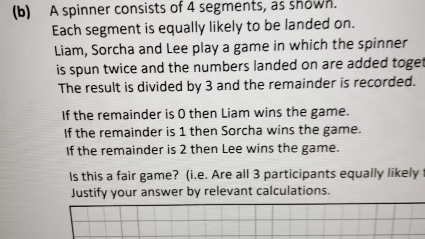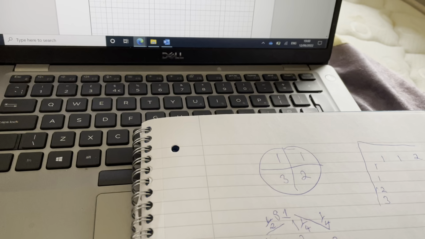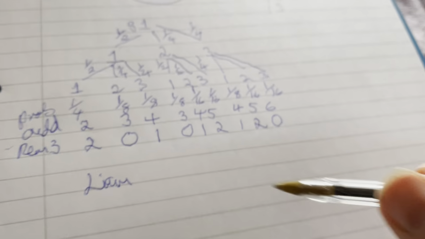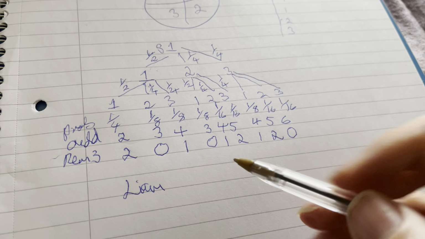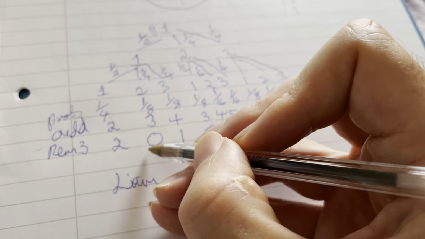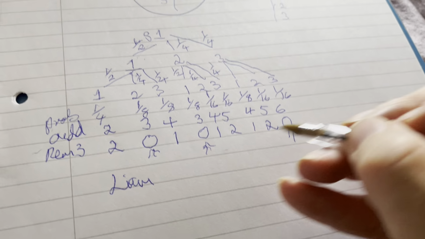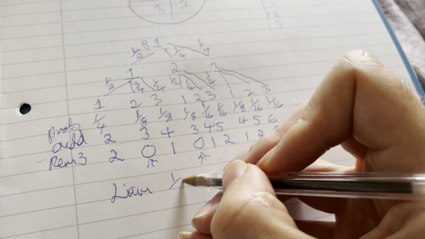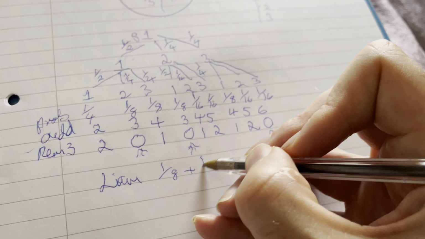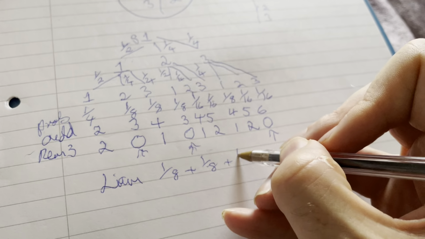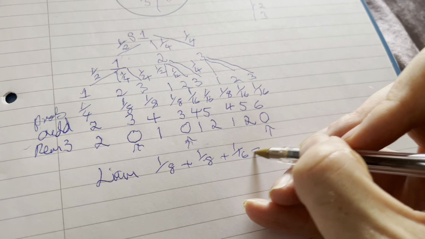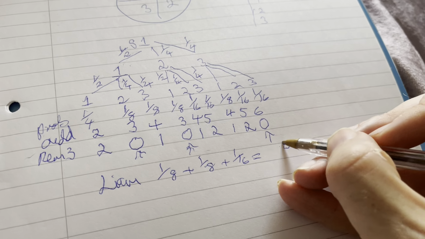So if the remainder is 0, Liam is king. So Liam wins there, there, and there. So he gets an 8th plus an 8th plus a 16th, which is 5/16.